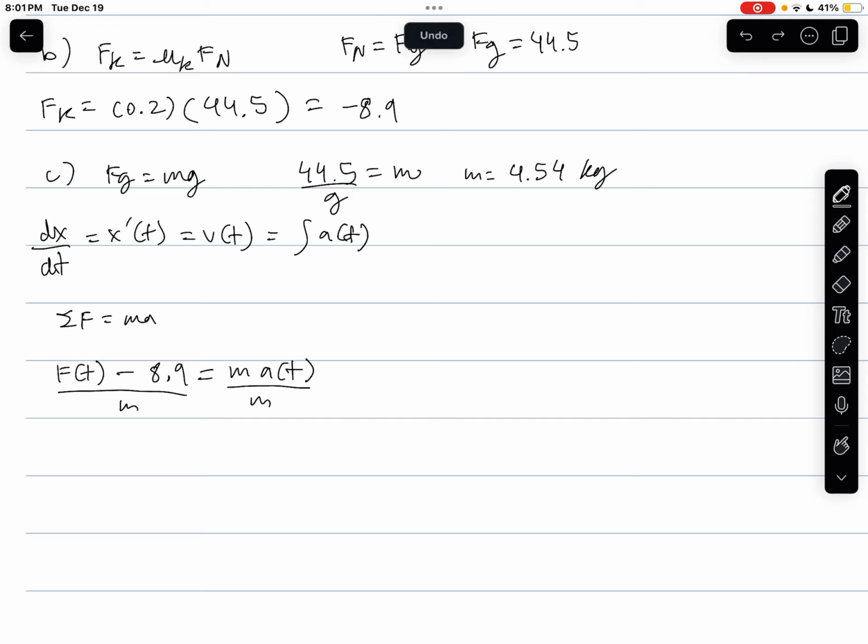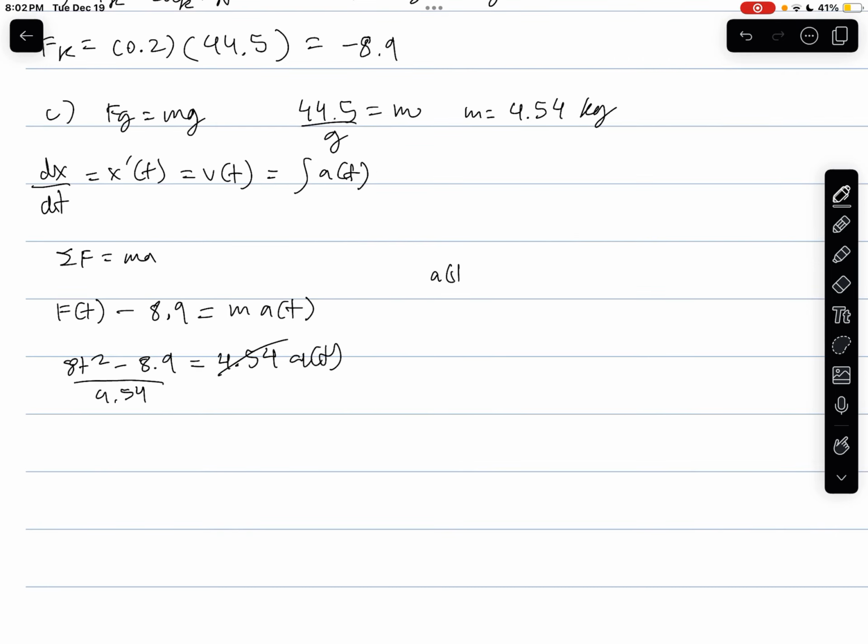Let me just write everything out: 8t squared minus 8.9 equals 4.54 times a of t. Divide both sides by 4.54. So a of t is going to be 1.76 t squared minus 1.96.